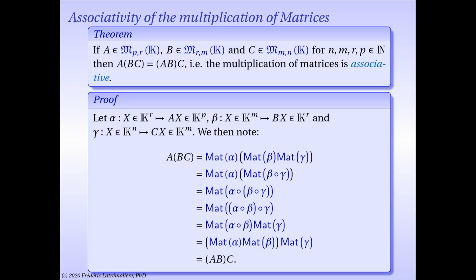Then, A times the matrix of beta composed with gamma is the matrix of alpha composed with the composition of beta and gamma.